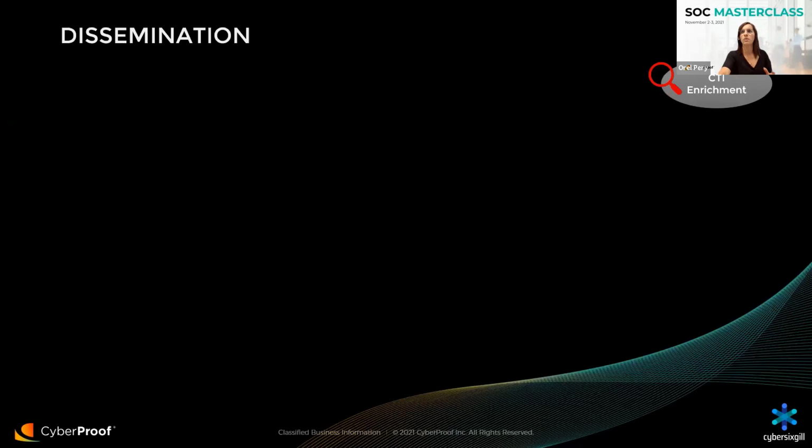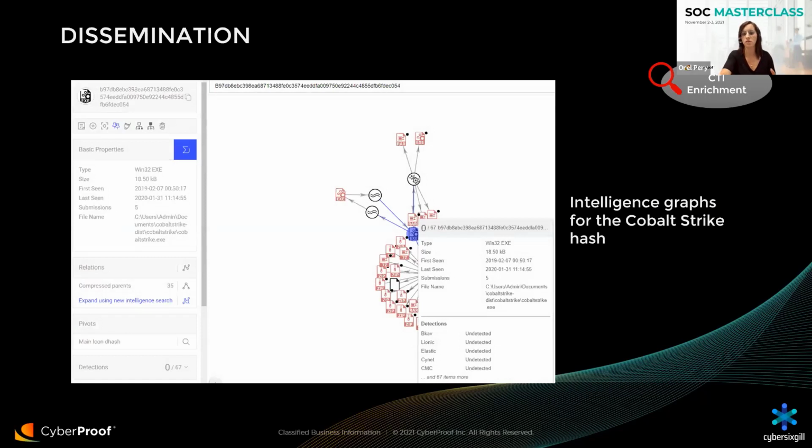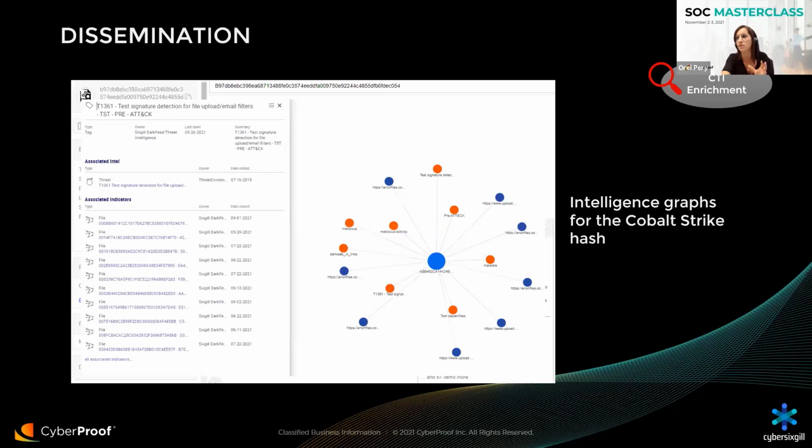Okay, so in the dissemination phase, we are talking about the CTI enrichment. So our team took this hash and started pivoting, checking, and enriching more and more IOCs that could potentially shed more light and detect associated threats. The IOCs that we collected can be used for threat hunting also, to create a more accurate set of detection rules or detections.